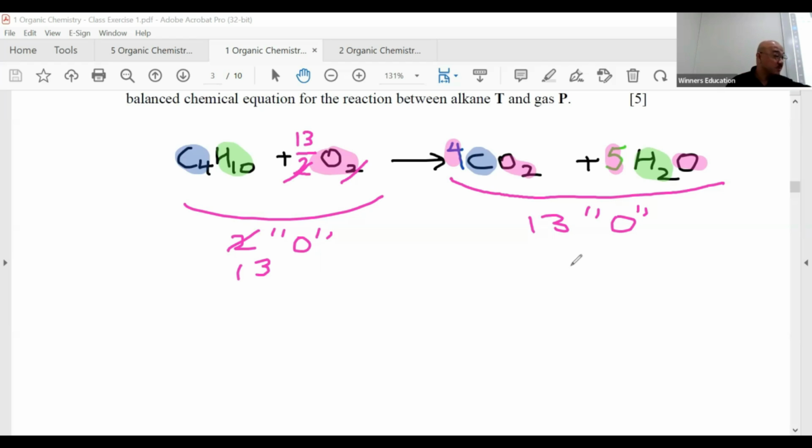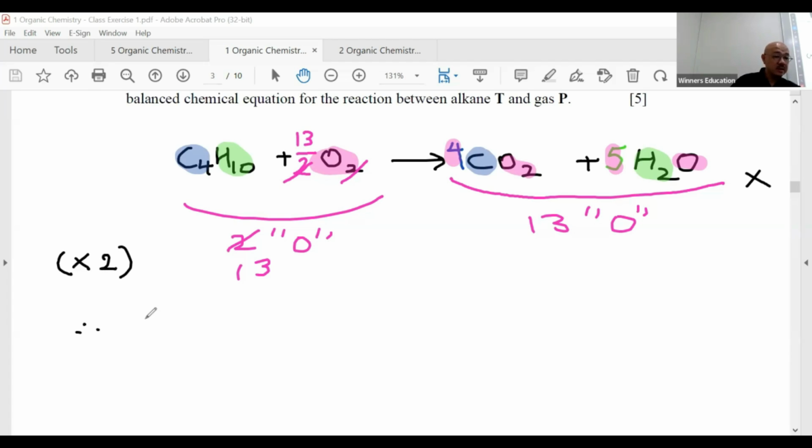So now the equation is balanced. At a higher level, JC, IB or diploma in chemistry, this is the equation that we submit. But because you're Sec 3, Sec 4 students, you cannot submit this equation because they don't allow fractions. So how to get rid of the fraction? Multiply by the denominator.